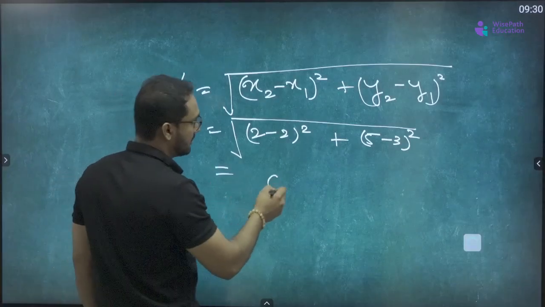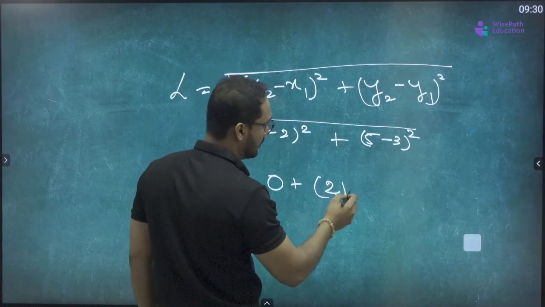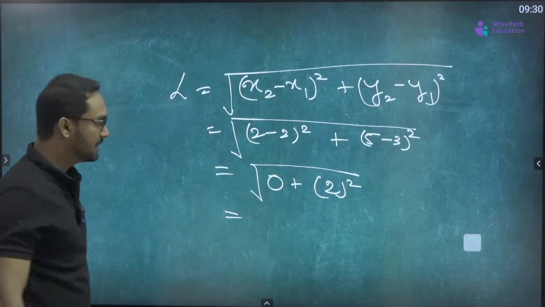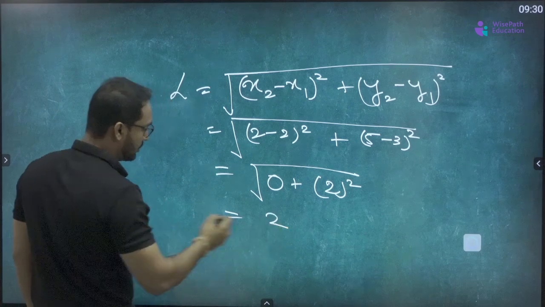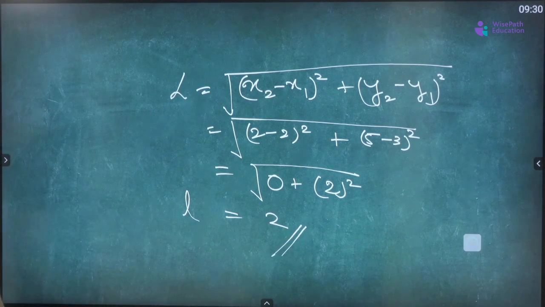So it gives an answer of 2 squared, and the square root of 2 squared is 2. So the length is 2, right? Length is 2.